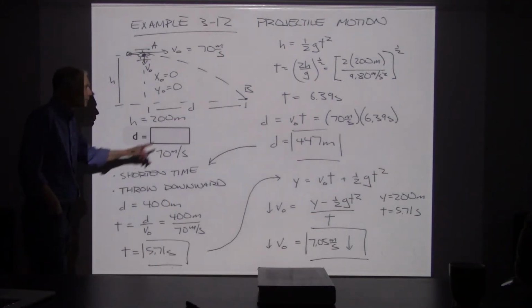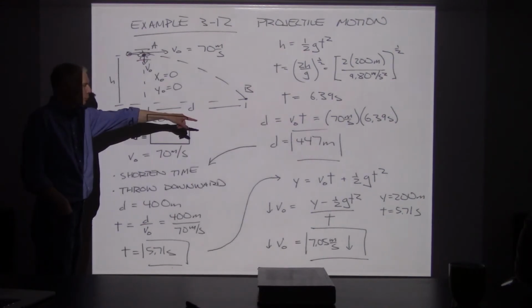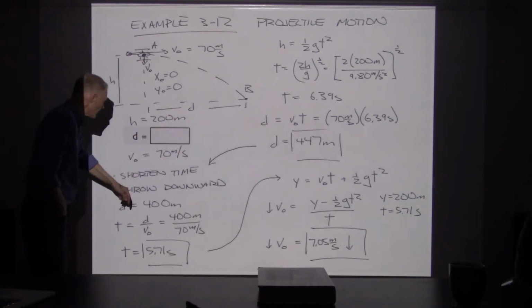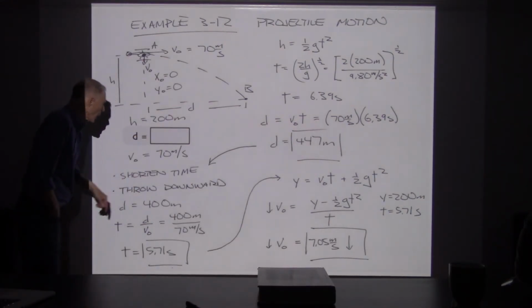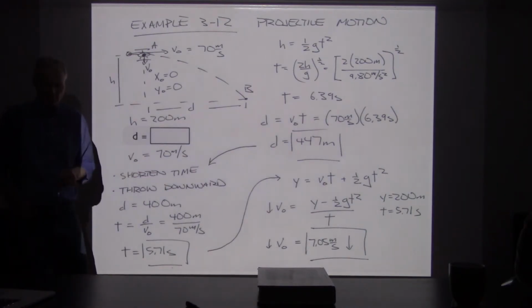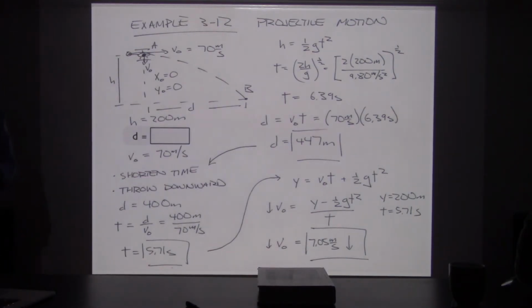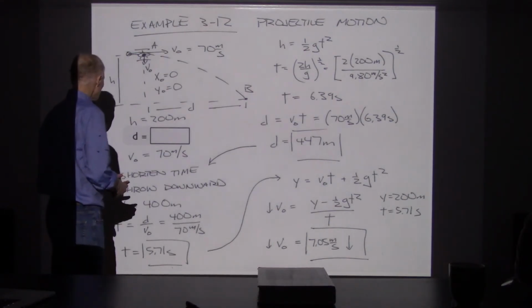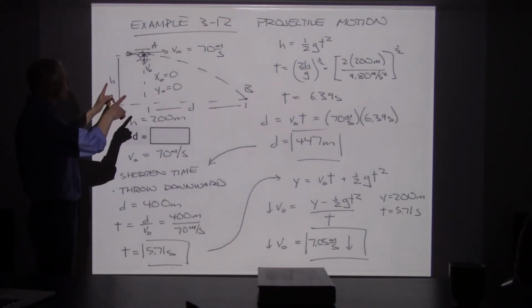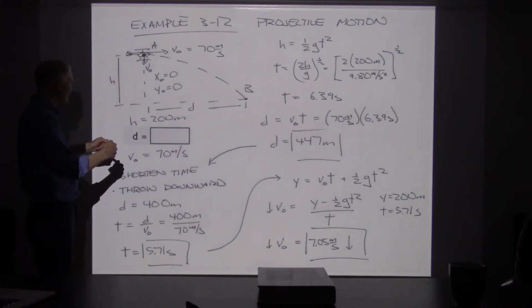So if we miss the 447 meter distance, and now we're down to 400 meters, oh, we've got to shorten the time. Exactly. Okay, I got it. So at 400 meters, we're going to have to shorten the time because we don't have time for it to drop. So let's throw it downwards. That will shorten the time. So one of the questions is, do you want to throw it up or do you want to throw it down?